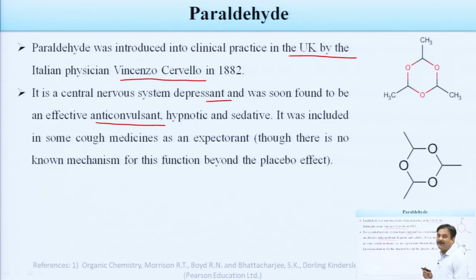So, it is a very important molecule when we are talking about nervous system diseases. Because it has CNS depressant properties, it can also be used in the prevention of seizures. Because of that it is used as an anticonvulsant or anti-epileptic.